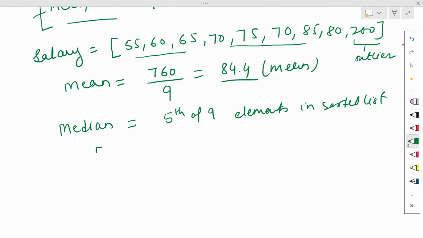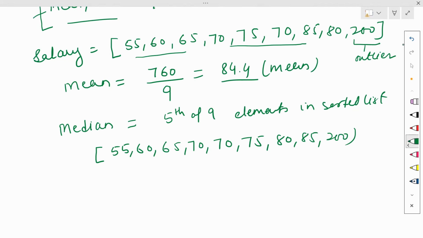So the sorted list will be 55, 60, 65, 70, 70, 75, 80, 85, and 200. Now the middle element is 70. So the median for this list will be 70.